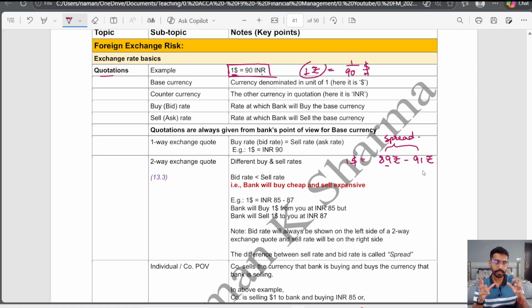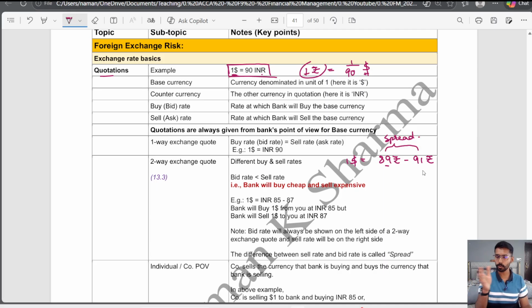Then they forget. A lot of teachers at times try to get you to rote learn this: if you are an exporter, use this; if you are an importer, use this. How? Very simple three-step process. Step number one, understand what is the base currency.